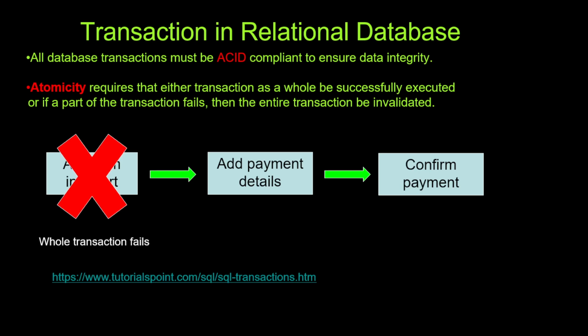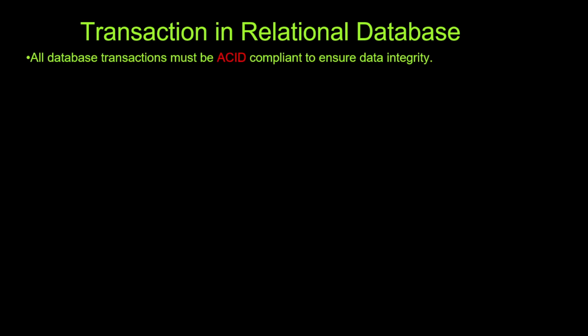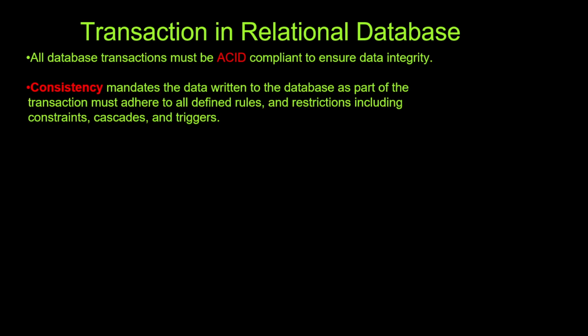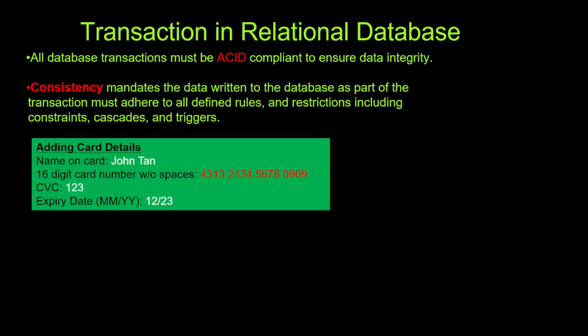Okay, next we have consistency. Consistency mandates the data to be written. This is what we talked about with the constraints just now. You must follow all your defined rules and also the restrictions, including constraints. Let's look at an example. Let's say you are asked to add your card details. You're asked to enter the name on the card, so let's say John Tan. Then you are asked to enter your 16-digit card number without spaces.